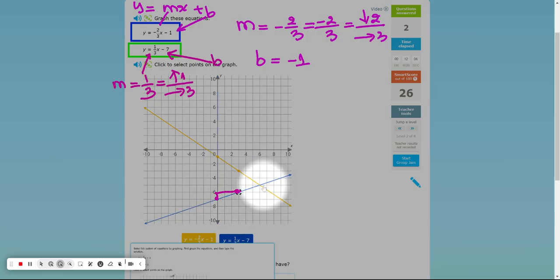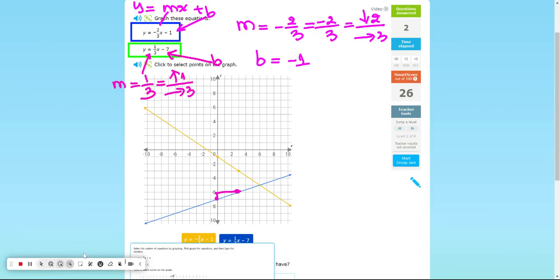You can see these two lines intersect right here. How fancy. They intersect right there. The two slopes are different: m1 is equal to negative 2 over 3, m2 is 1/3.